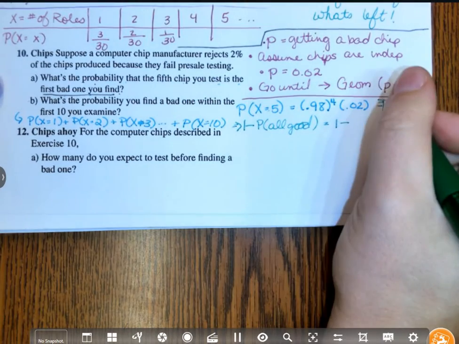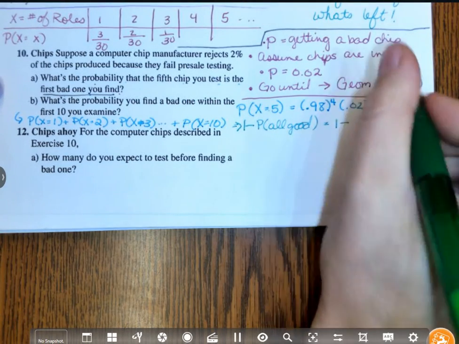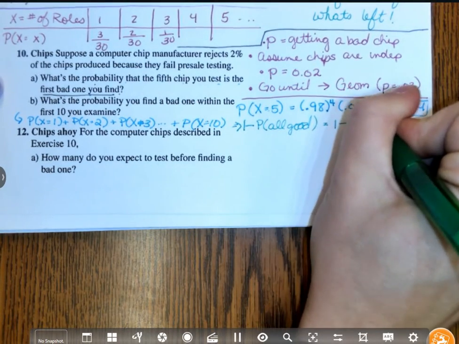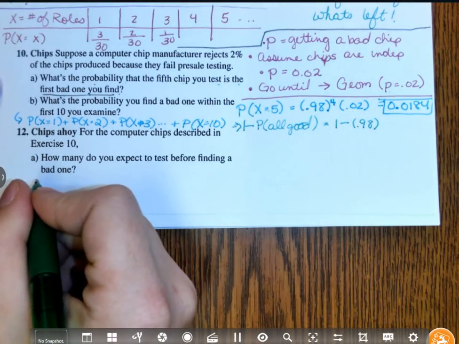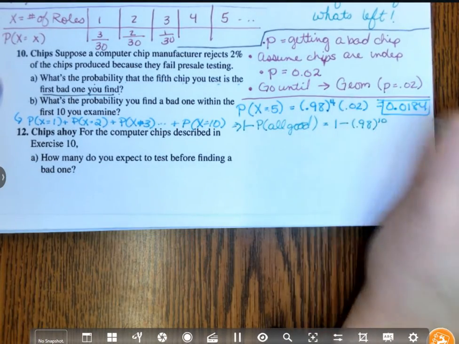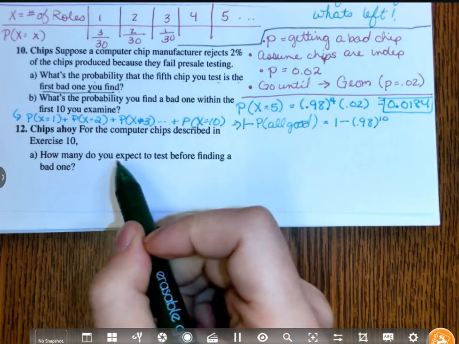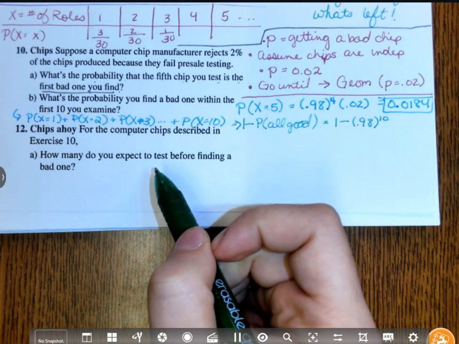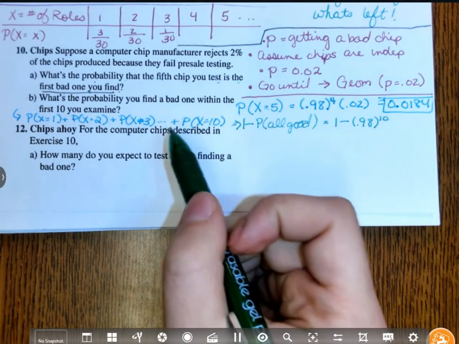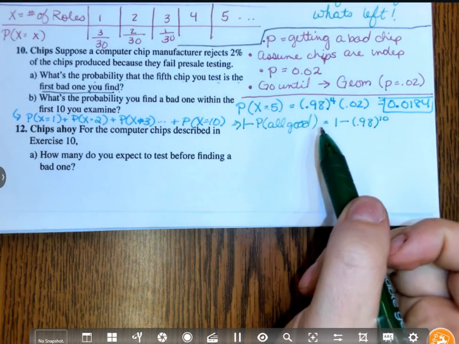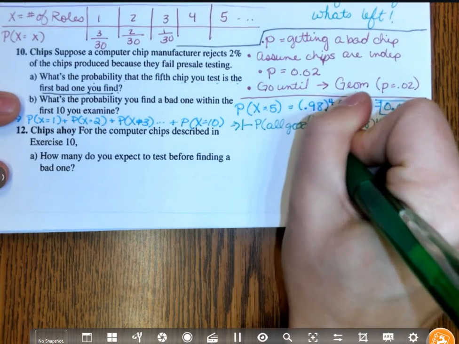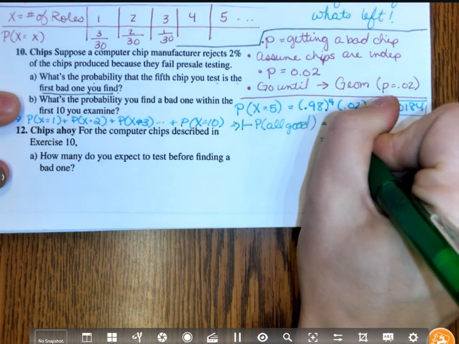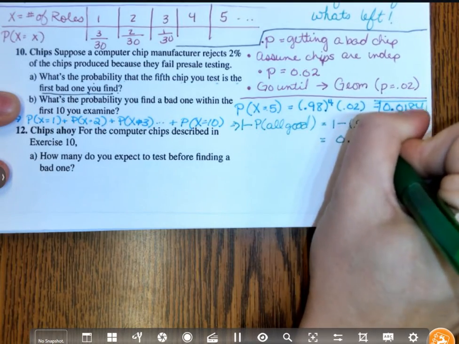What's the probability of good? 0.98. How many? 10. So the probability that there's at least one of them in there that's bad, remember that's the at least, means 1 minus the probability that they're all good. That ends up being 0.1829, I believe.